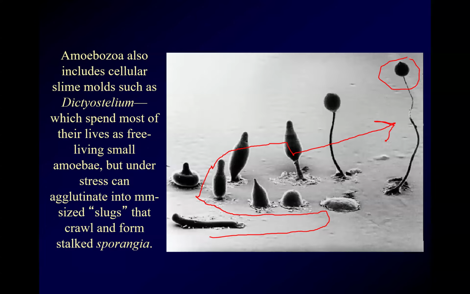And if the spores make it to a place with good conditions, they will hatch and end up as free living amoebas again. So this is a critter that is multicellular some of the time, but spends most of its time as a single-celled organism, which is a pretty darn nifty trick. And these are the amoebas that Dr. Hazelcorn studies in her own lab.